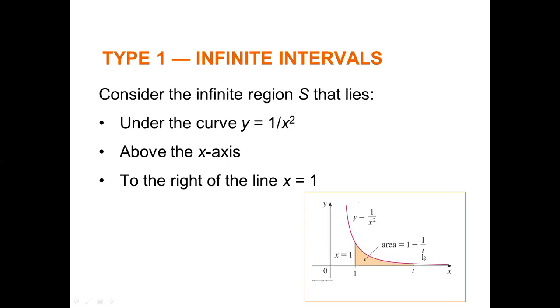The area is 1 minus 1 over t, depending on what the t is here. As t increases, the value of 1 over t becomes very negligible.